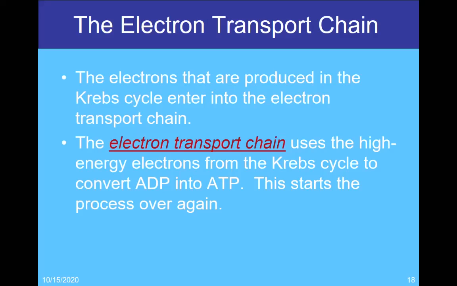ATP, and amazingly enough, it uses the same protein, that facilitated diffusion protein, ATP synthase, to do the conversion. Do you remember the one we talked about that works kind of like a water wheel or a turbine of some sort? And it's going to manufacture ATP for us. And this process is going to just keep going and start over and over and over again.